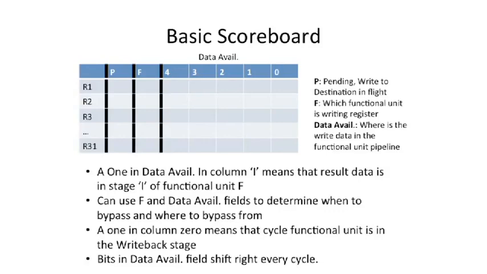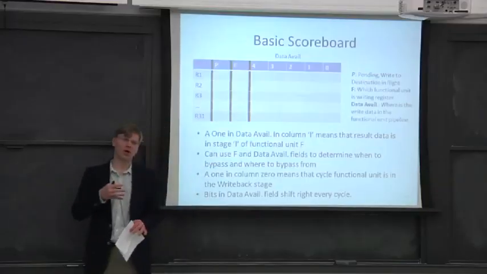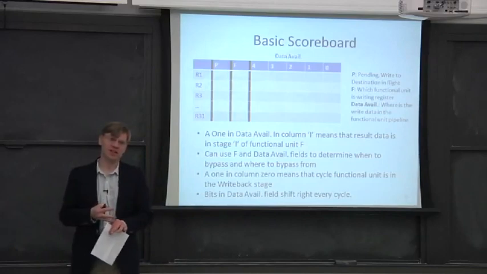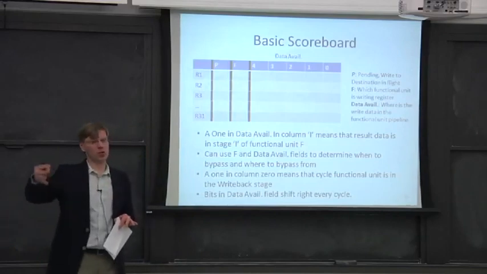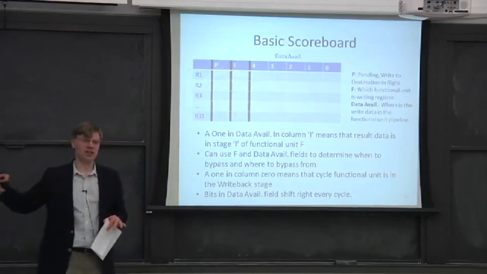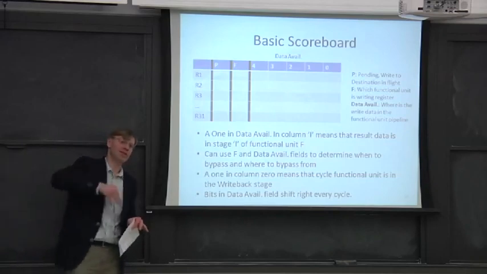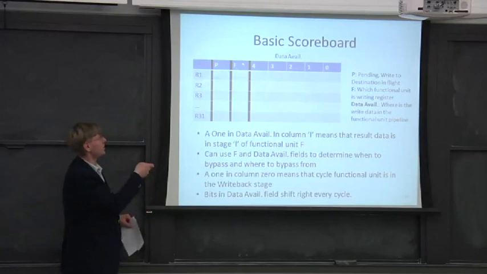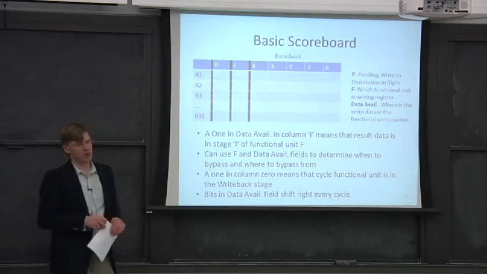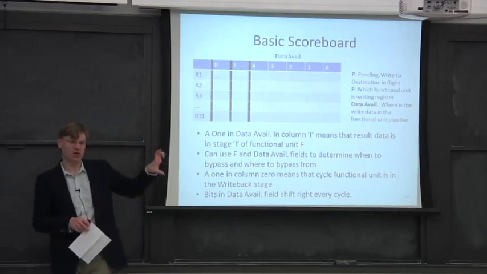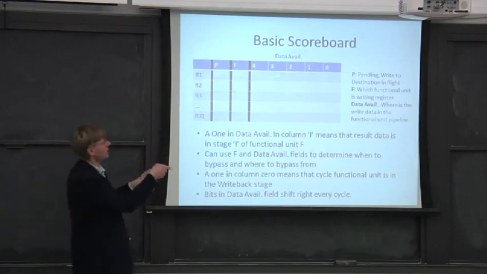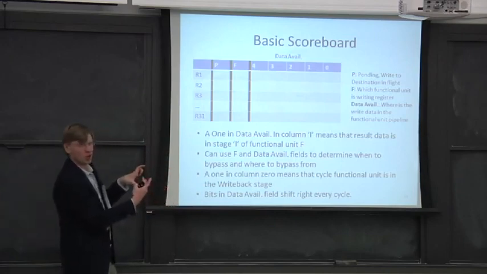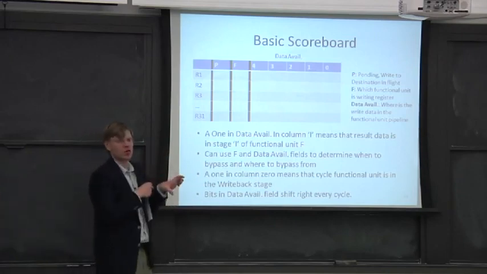And then we're going to have a shift register for each register, if you will, where we inject a bit and every cycle we clock it forward. This is going to tell us where to pick off the value. So this tells us which pipeline to look at out of 3, and the data available tells us in the other dimension what stage in the pipe to pick off from.